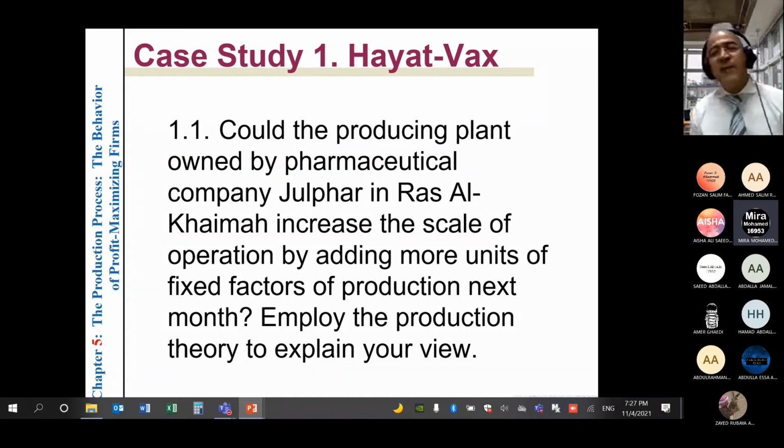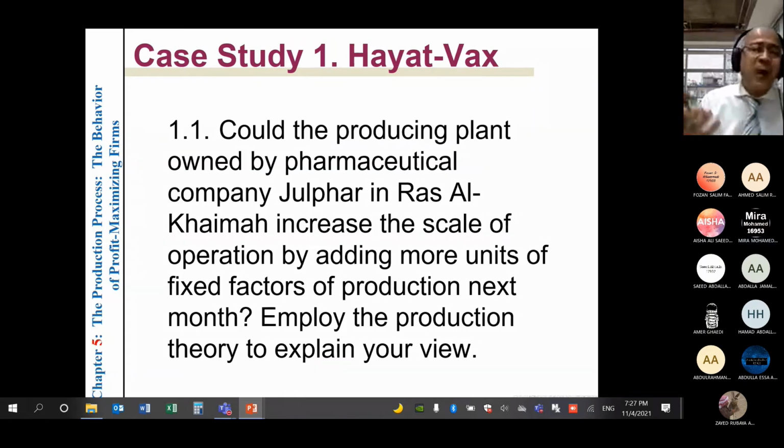Okay. I will summarize the question. Here we have a plant owned by Julphar in Ras Al Khaimah. This plant is in charge of producing Hayat-Vax.